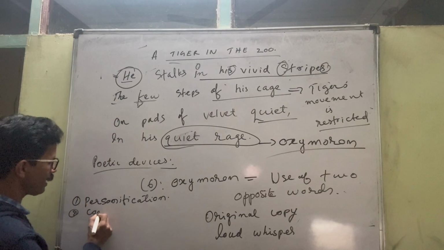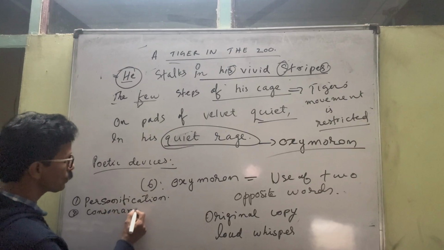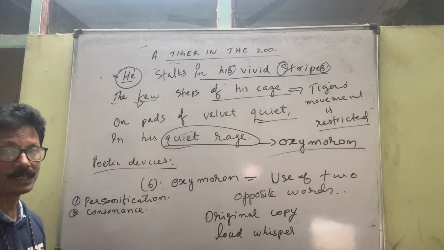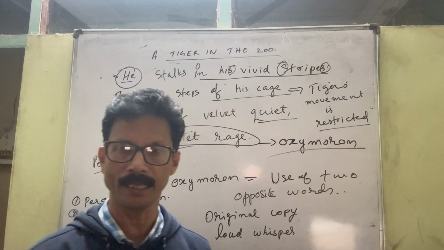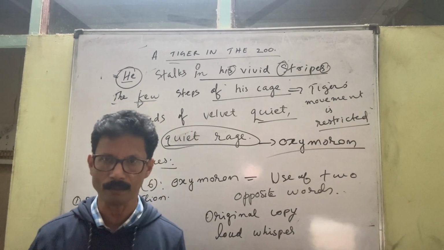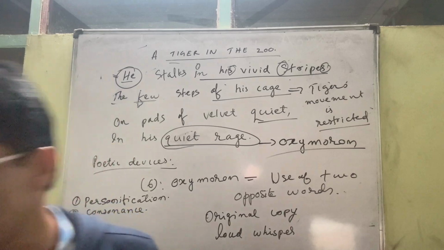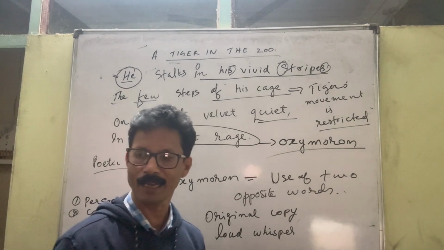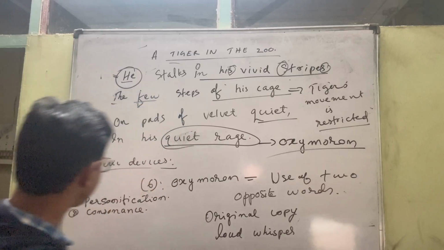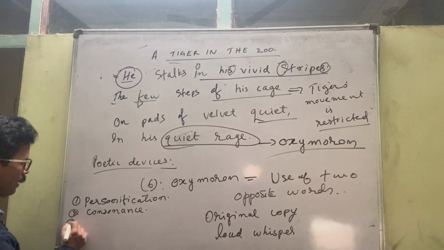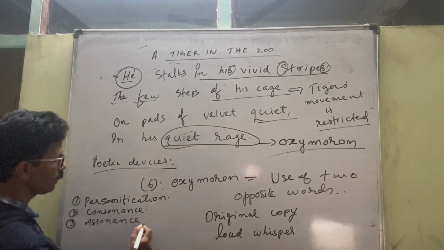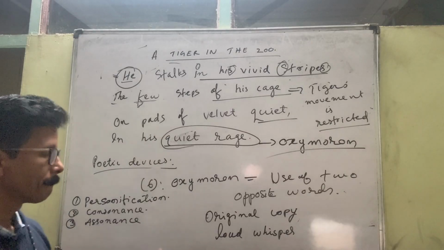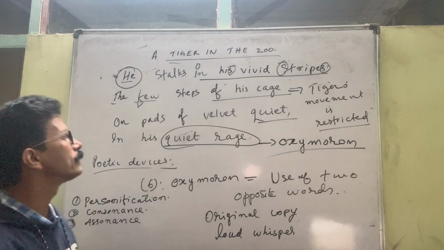Number two is consonance. The poet has used the same consonant letter a number of times in closely placed words. And next is assonance. Assonance means the vowel sounds are repeated. I told you.